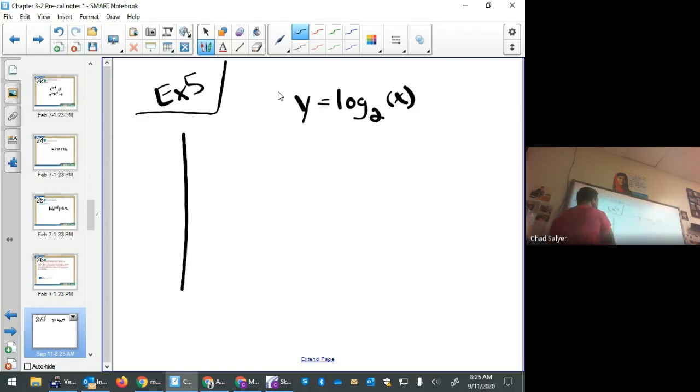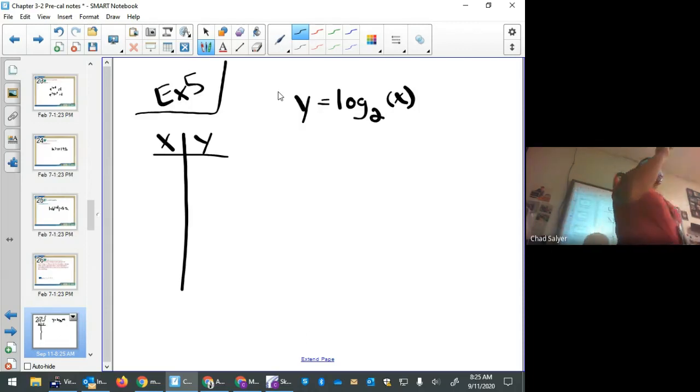If we pick some x's and y's, I should never pick negatives or 0 for my x's because they are outside of the domain. Remember that the argument for the logarithm must be positive. So I must pick positive values that are perfect powers of 2. If I don't pick perfect powers of 2, it won't be easy to construct this table.